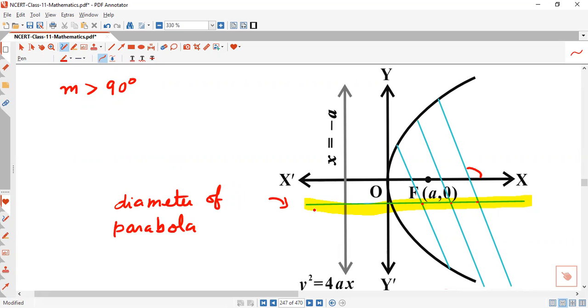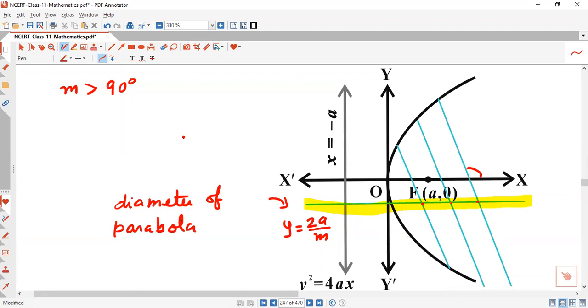And the equation is what? The equation of this diameter of the parabola is y equals 2a by m. Now m equals what? The angle is more than 90 degrees, so m is negative.